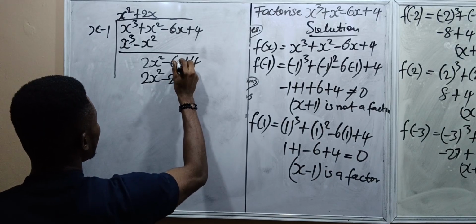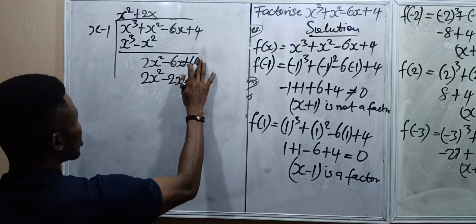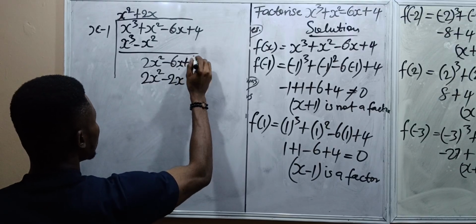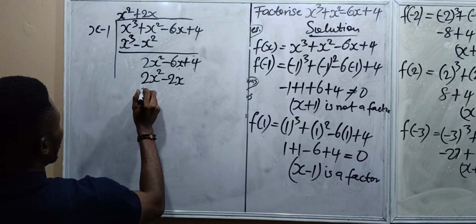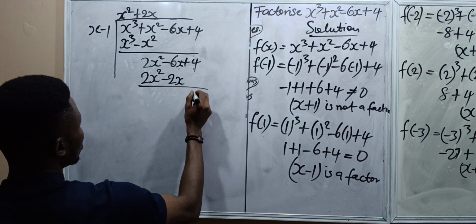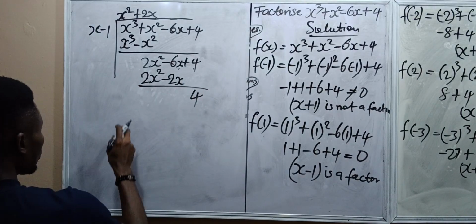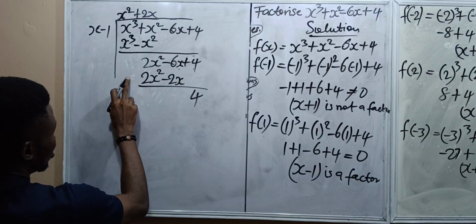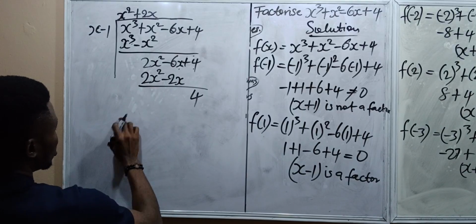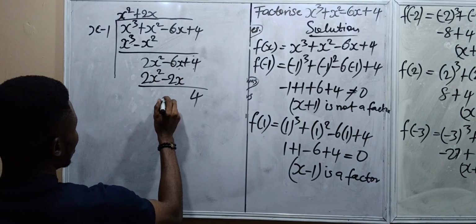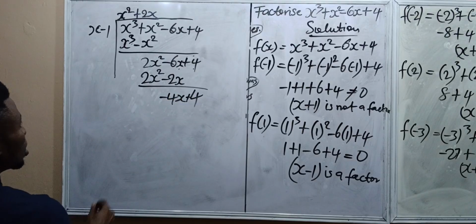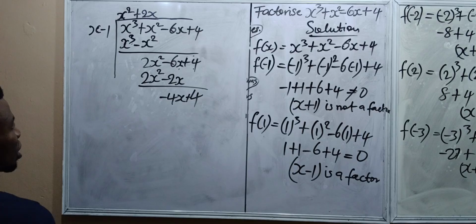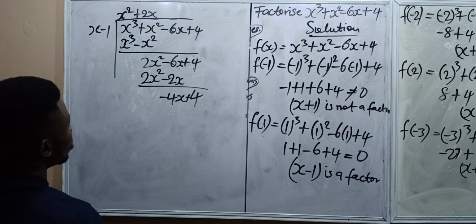Bring down the minus 6x plus 4. Remember, we're subtracting the second from the first. Minus times minus here is plus. So minus 6x plus 2x will give us minus 4x. Remember, this is plus 4. And then 2x squared minus 2x squared, that one is gone.